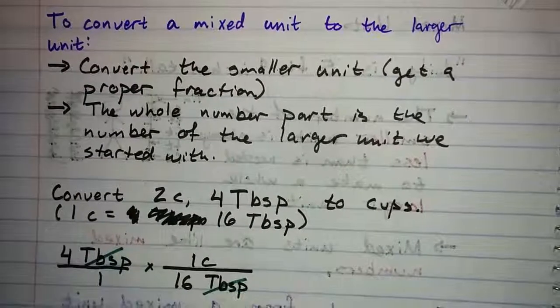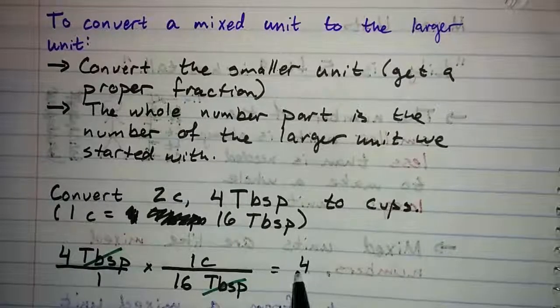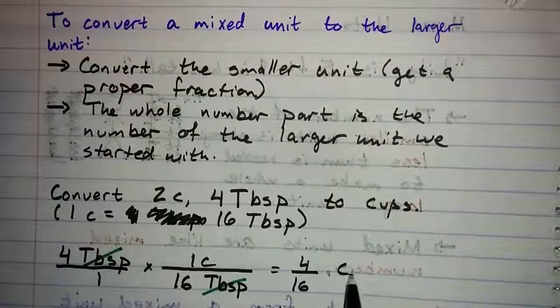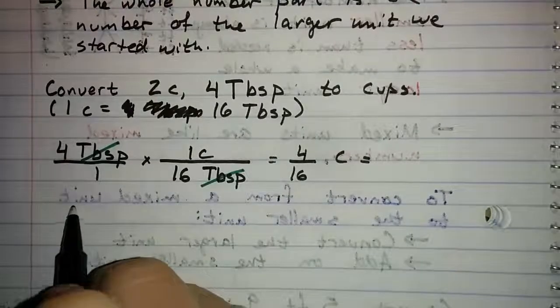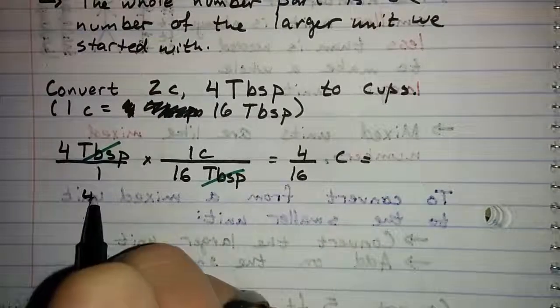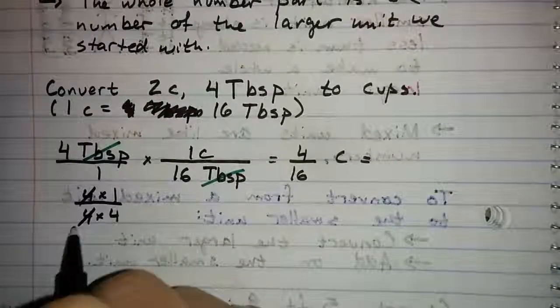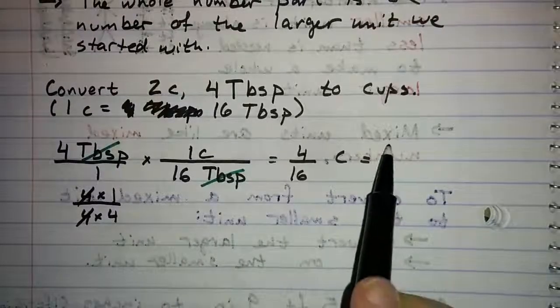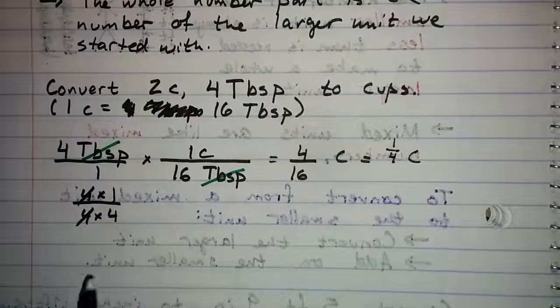We'll notice that those do cancel, and we're left with 4/16 cups. Oh, I see that 4 is a factor of 16. In fact, we have 4 times 1 over 4 times 4, which is just 1/4. So we have 1/4 cup.